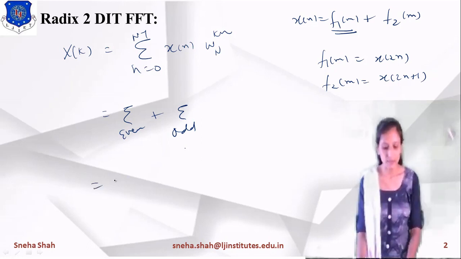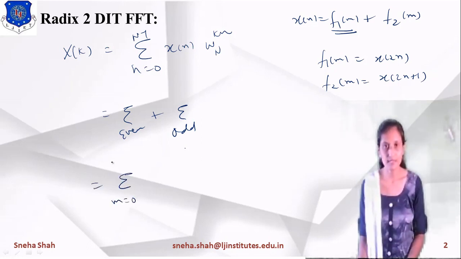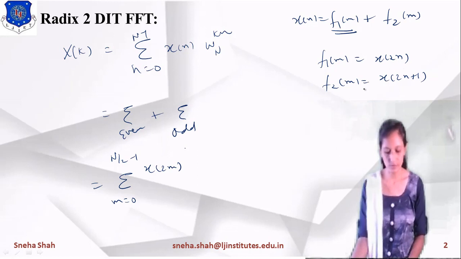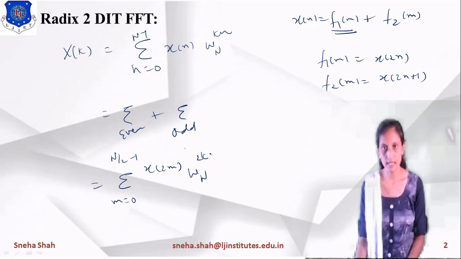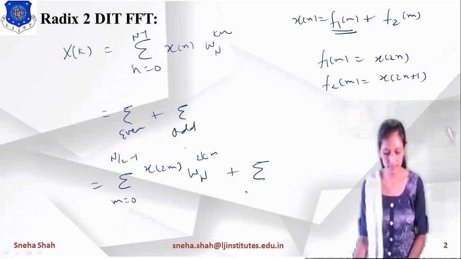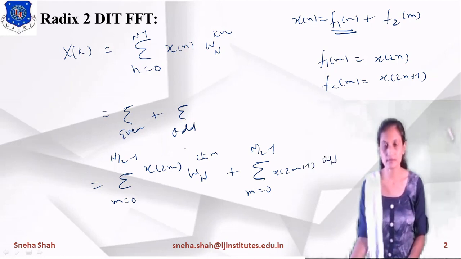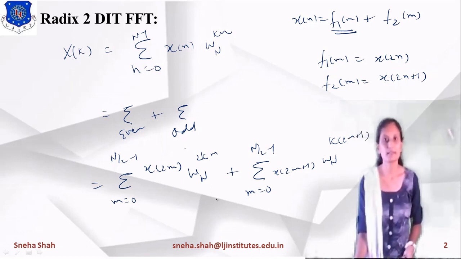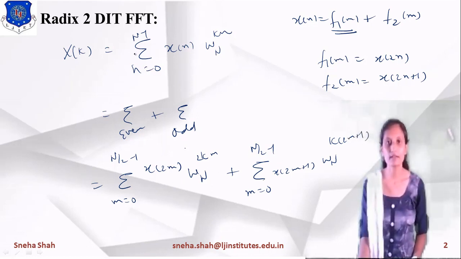So writing the even and odd part, the value will be summation n equals 0 to N by 2 minus 1 x of 2n, instead of f1, W_N raised to k into 2n, because we had used 2n. Plus the second term is summation n equals 0 to N by 2 minus 1 x of 2n plus 1, and over here also we will use W_N raised to k into (2n plus 1). Now we will simplify this term to derive the DIT-FFT algorithm.